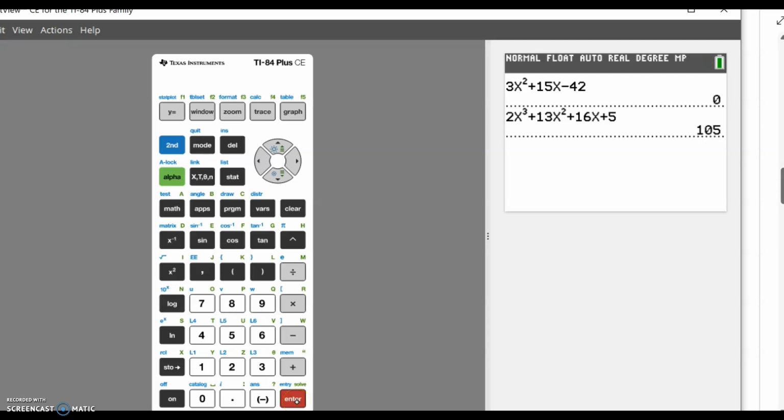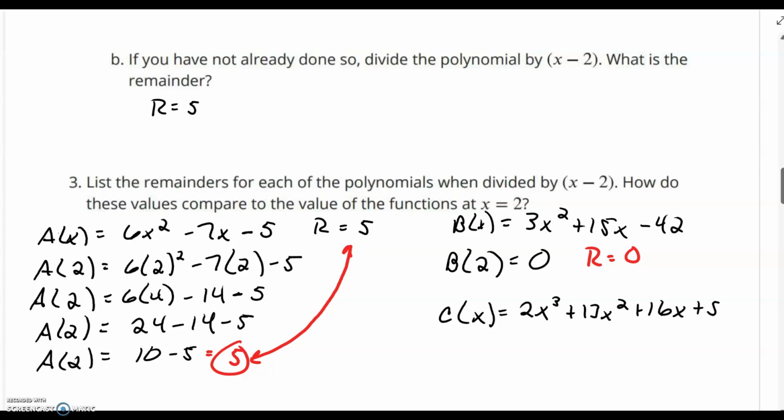And I get a value of 105. So my function c, evaluated when x is 2, was 105. And the remainder, when I did synthetic division, was 105.